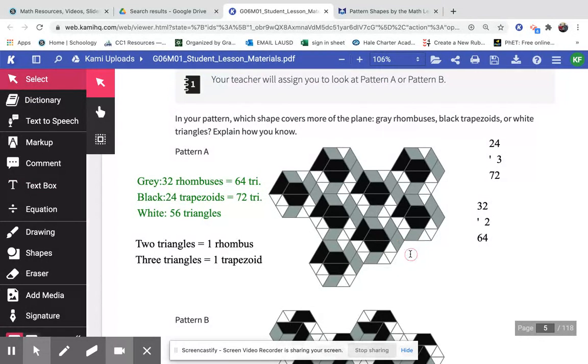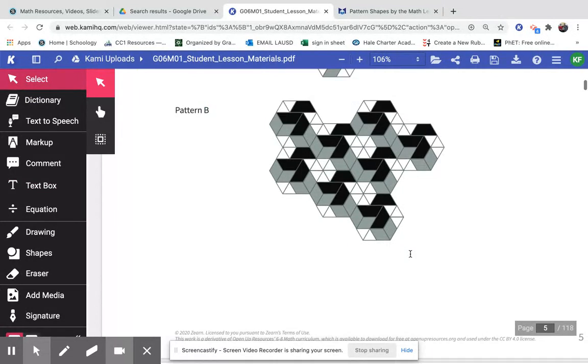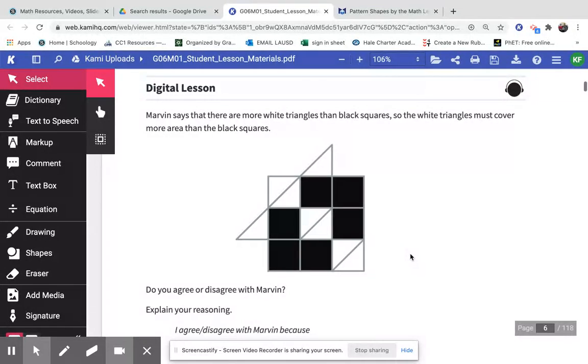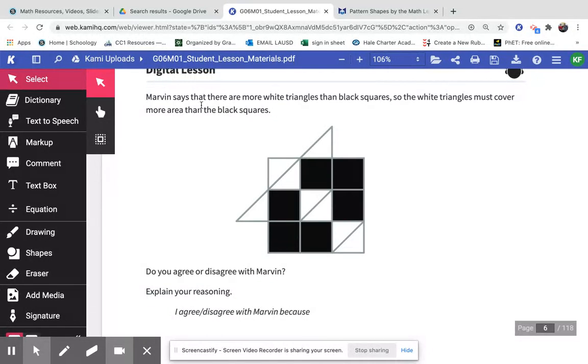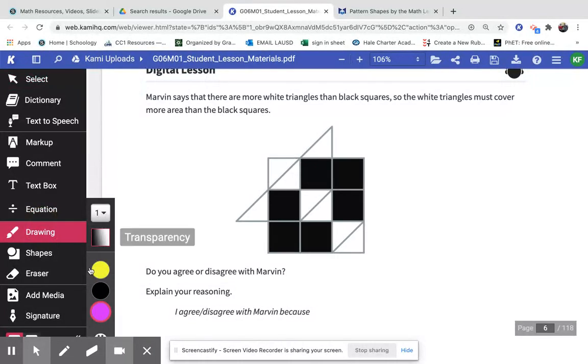Continuing on with lesson 1. Okay, Marvin says that there are more white triangles than black squares, so the white triangles must cover more than the black squares. Do you agree or disagree with Marvin? Explain your reasoning. So here you could count 1, 2, 3, 4, 5, 6, 7, 8.